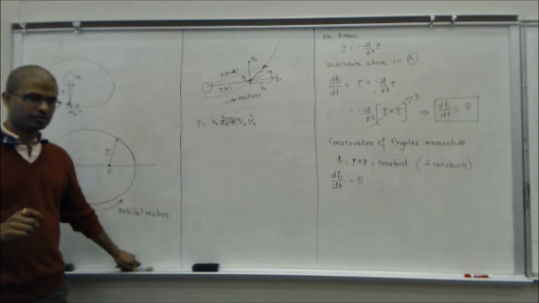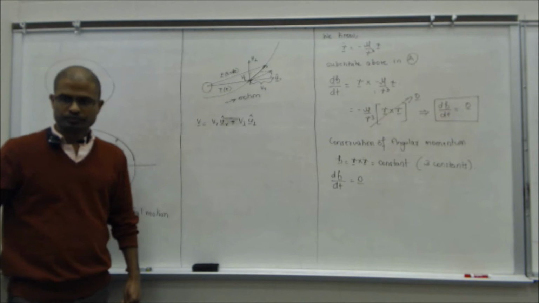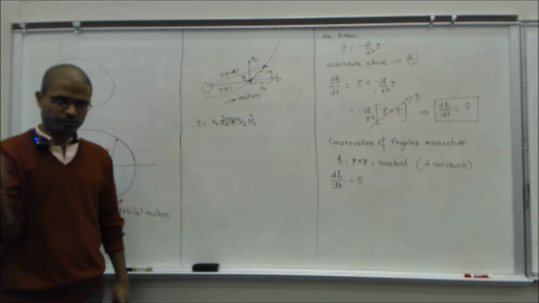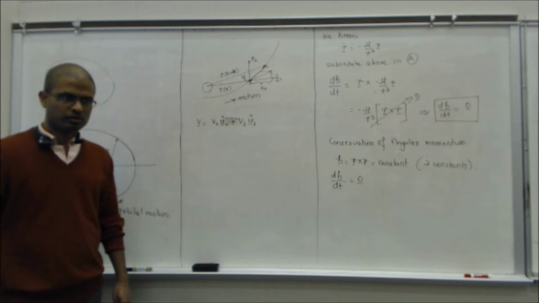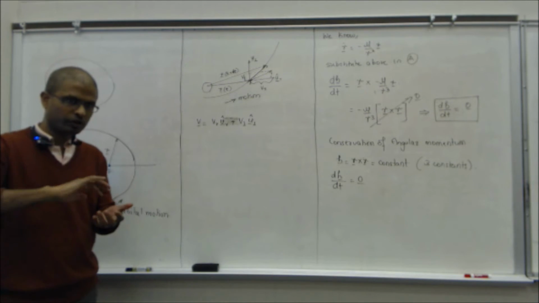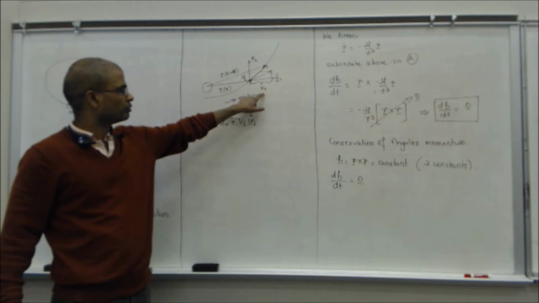Think about this. When you have a mass attached to a string and you're trying to rotate that mass, there is a component which is pulling this, which is making the string go away. That is this component.